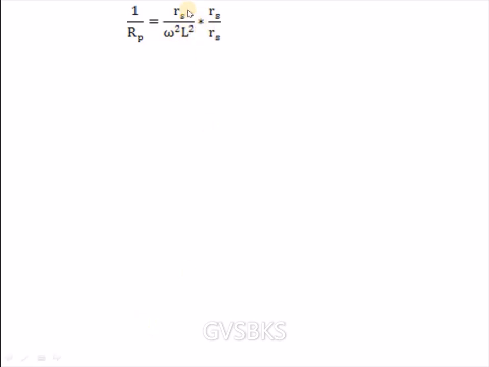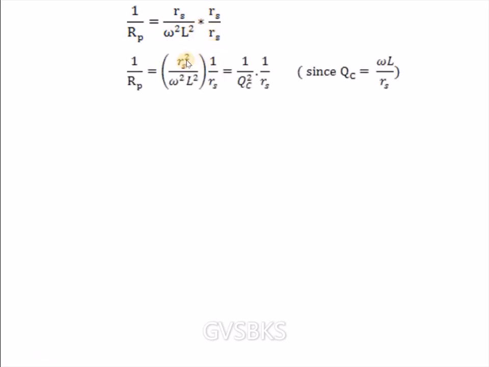If we multiply and divide the right side equation with Rs, then it becomes Rs square by omega square L square into 1 by Rs. We know that QC is omega L by Rs, the coil quality factor. That's why this can be written as 1 by QC.